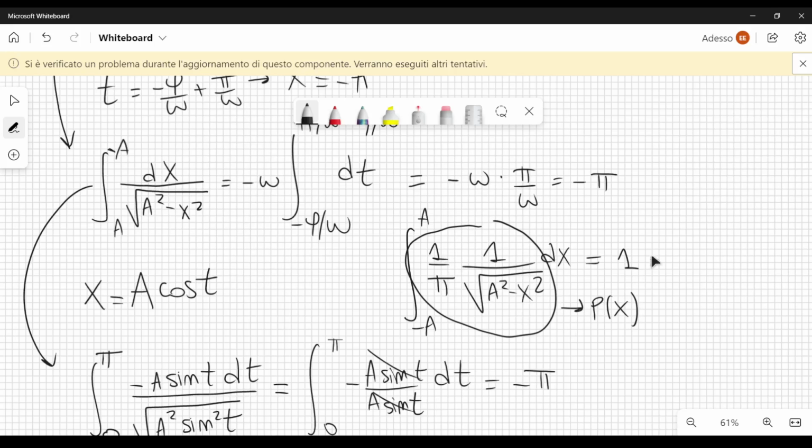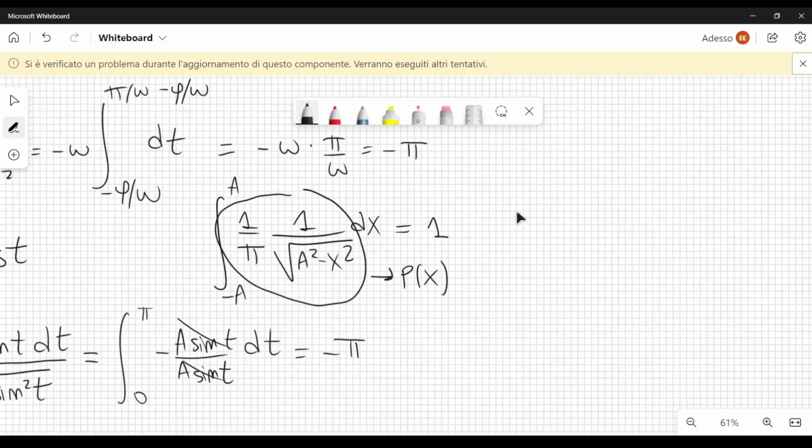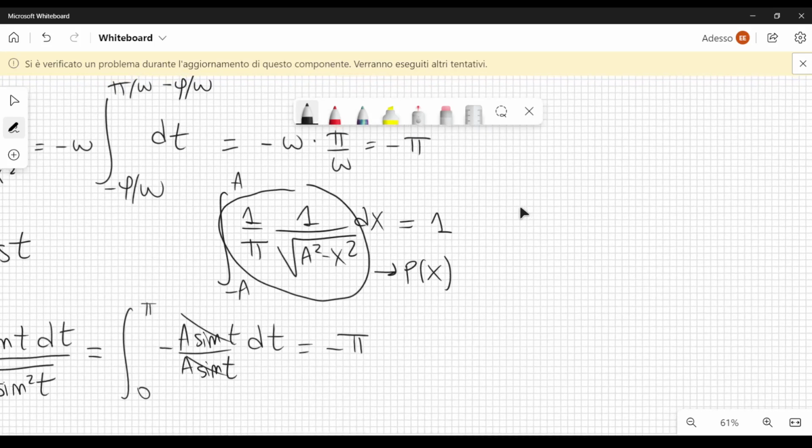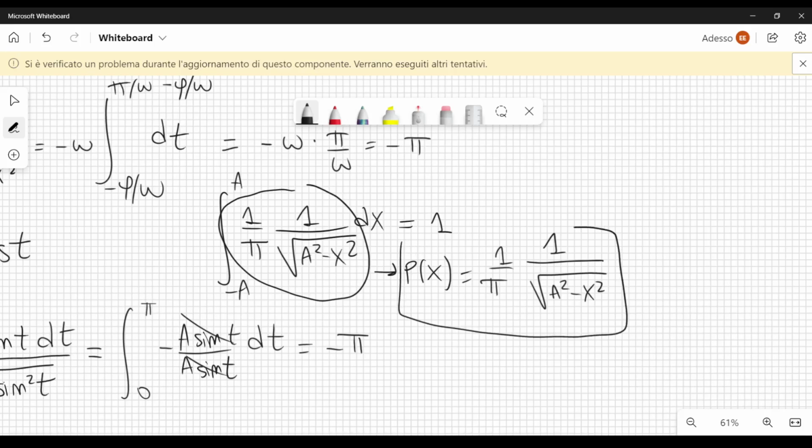So the probability density p of x of a sinusoid is exactly this one, and it is defined only in the interval from minus A to A. Or if you want, you can define it from minus infinity to plus infinity, and it will be non-zero only in the interval from minus A to A, where it is equal to 1 over pi times 1 over the square root of A squared minus x squared.